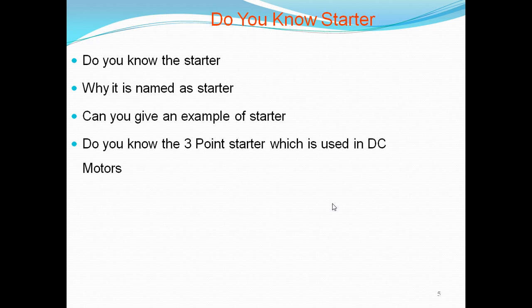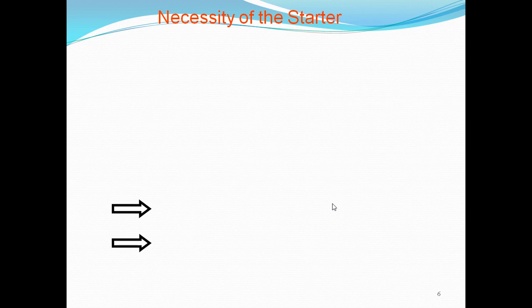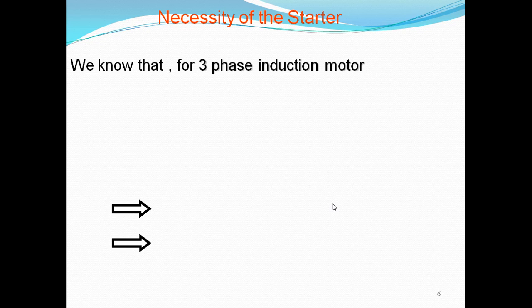So why is a 3-point starter required? A 3-point starter is required to start the motor and at the same time to limit the starting current. It is used in DC motor. So what is the function? It limits the starting current.